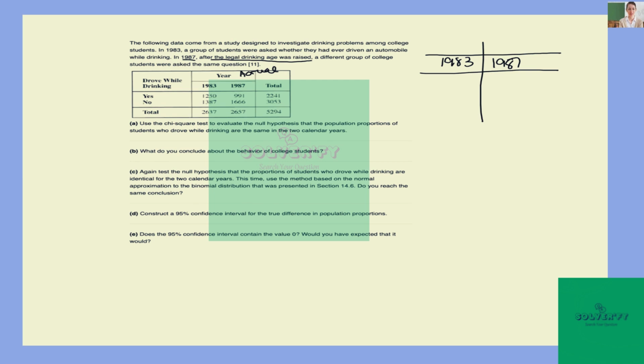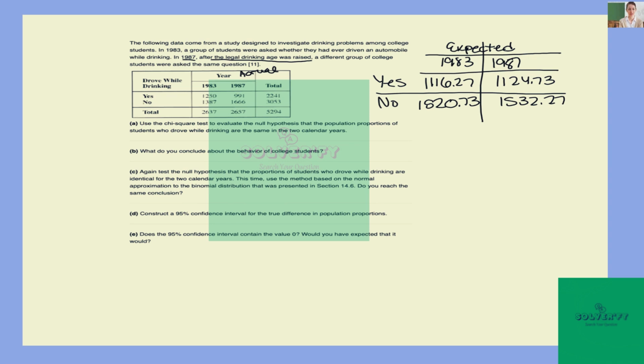And then for my expected values, for the yes is 1,116.27. And for 1987, it's 1,124.73. This is for the yeses. And for the no's, it is 1,520.73, and then 1,532.27.